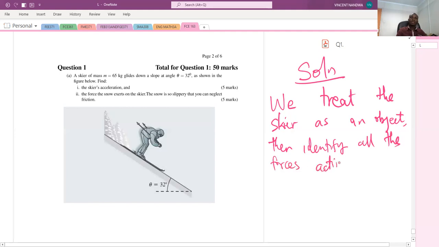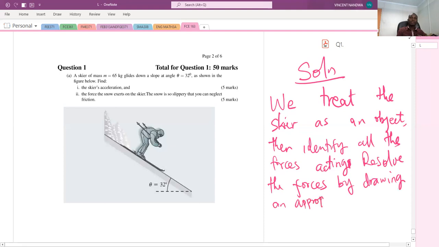In this case, there are only two forces: the weight of the skier and the reaction force on the skier. And then resolve the forces by drawing an appropriate axis.